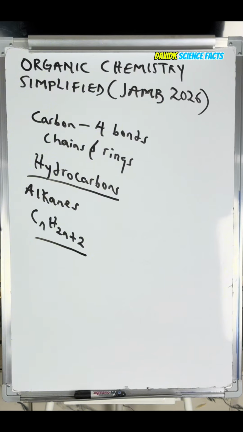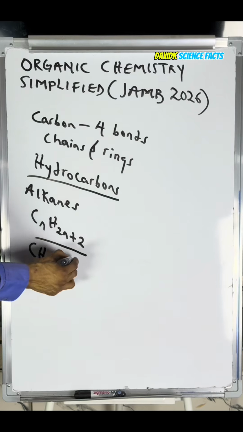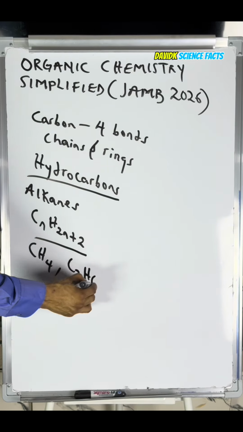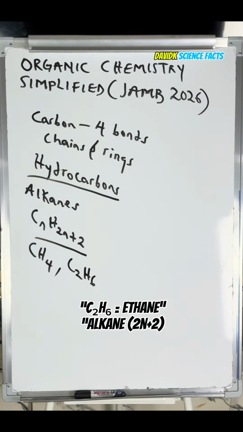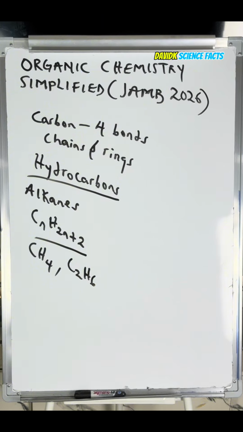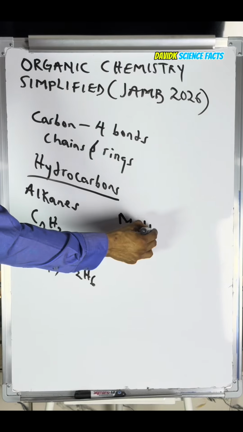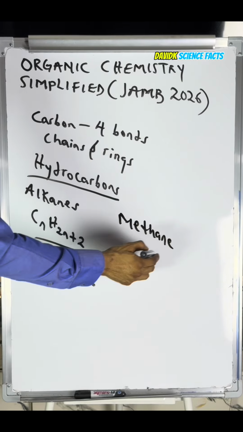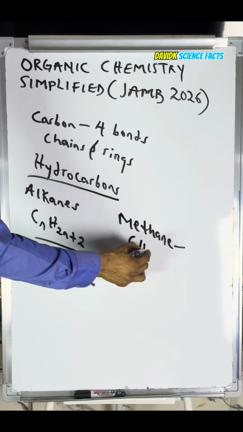Examples of alkanes are CH4 and C2H6. You may ask, what is CH4? CH4 is methane.